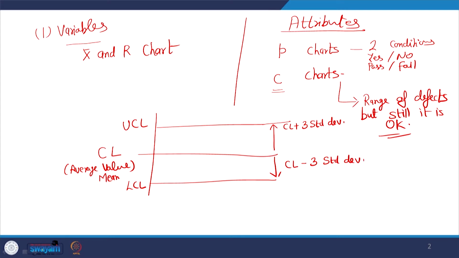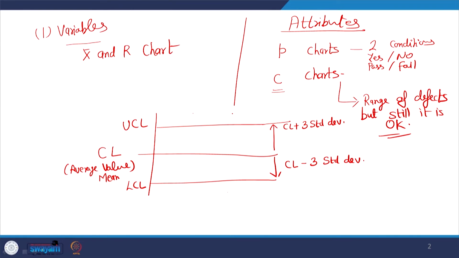Plus or minus 3 standard deviation is considered natural variation. If your end products are within the natural limits, you accept them. Beyond this, if some points are here, these are unacceptable points. All this we have already discussed with examples in our previous sessions.